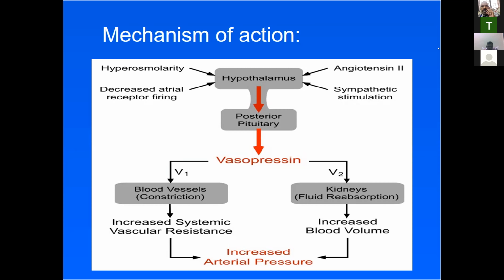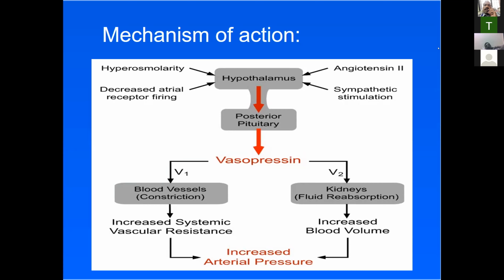Then whenever there is angiotensin 2 release, it also stimulates the hypothalamus. Sympathetic stimulation will also stimulate the hypothalamus. Because of that stimulation in the hypothalamus, the posterior pituitary gets activated, and you can see the release of vasopressin.